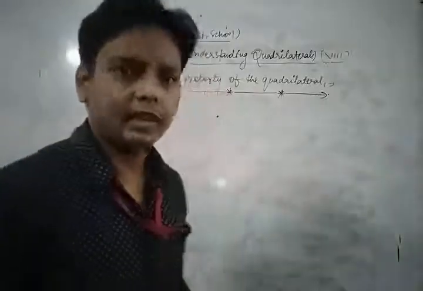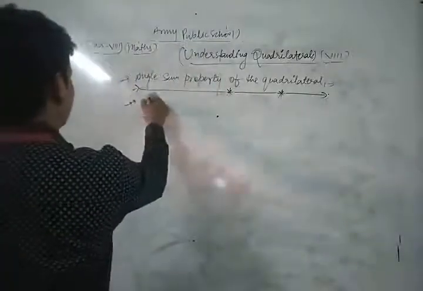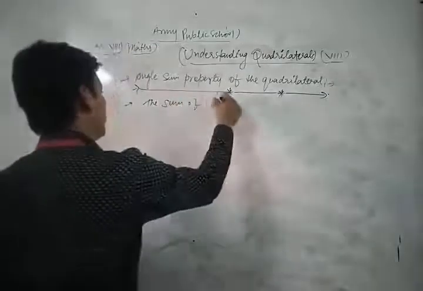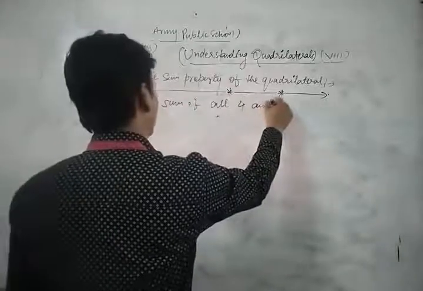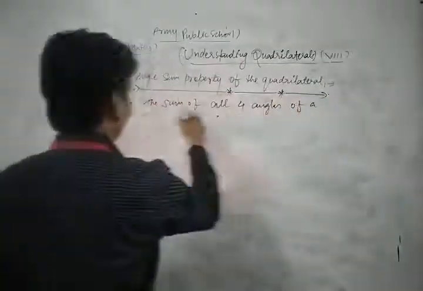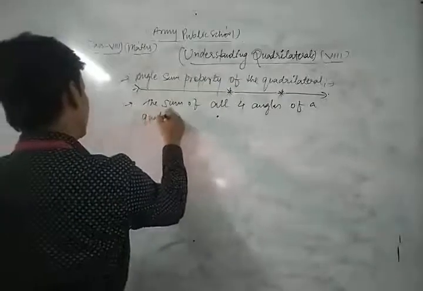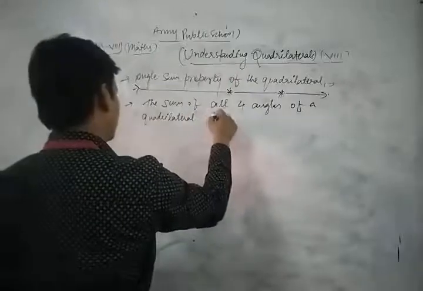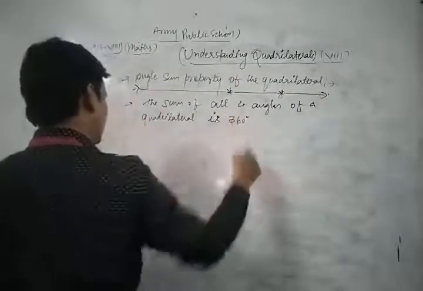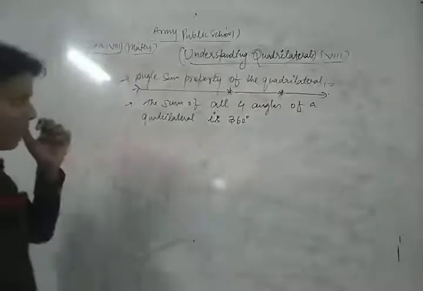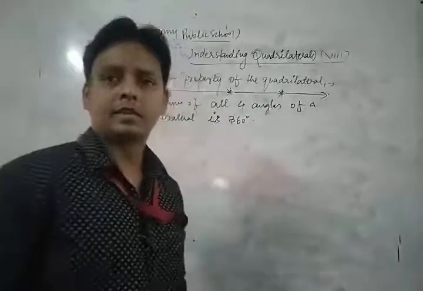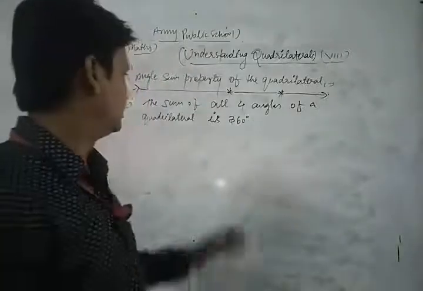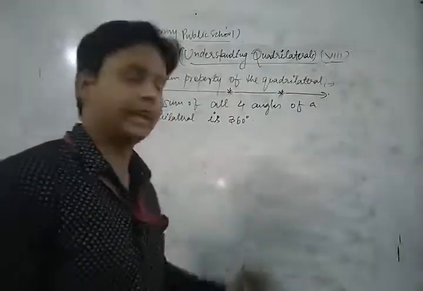According to this property, the sum of all four angles of a quadrilateral is 360 degrees. 360 degrees means the sum of all four angles.